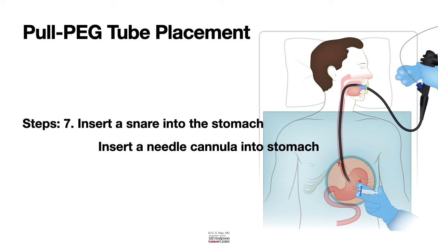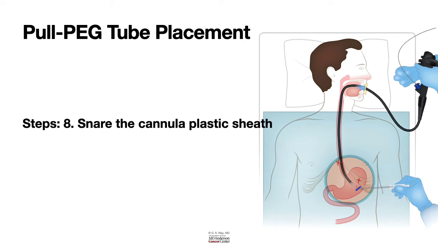As soon as one sees the needle cannula in the stomach, the assistant opens the snare and the endoscopist reaches out to the cannula and snares the cannula plastic sheath to hold on to that.